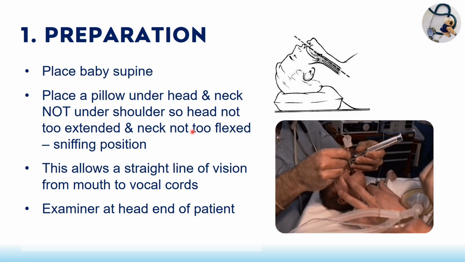So this position is known as neutral position or sniffing position. This position allows a straight line of vision from mouth to vocal cord. And then while intubating or putting the laryngoscope, always the examiner should be standing at the head end of the patient. So this is the patient, this is the head. So at the head end, the examiner should be standing this way.